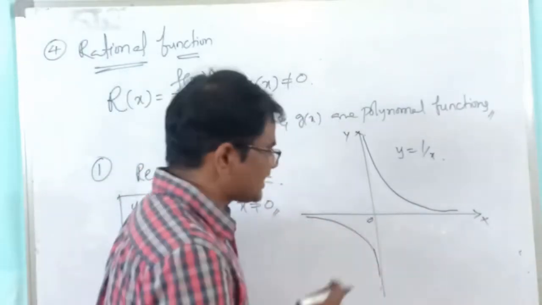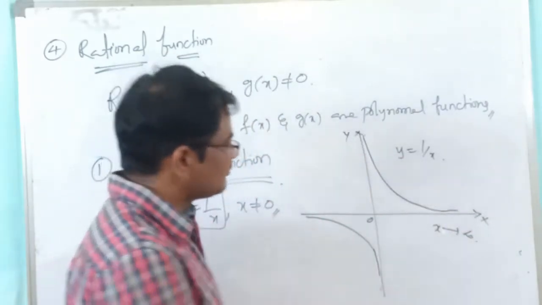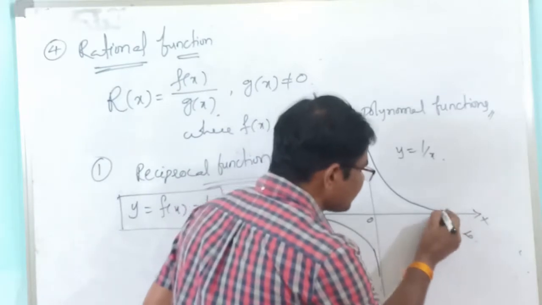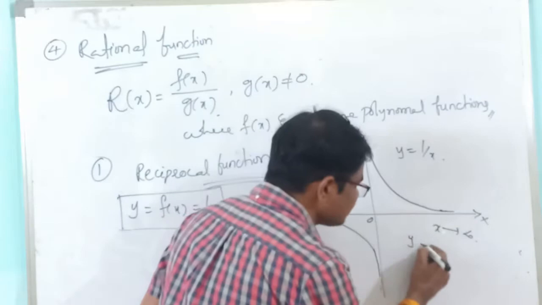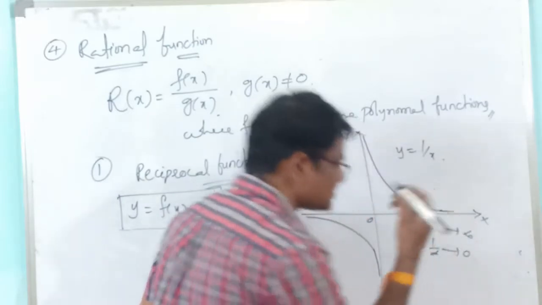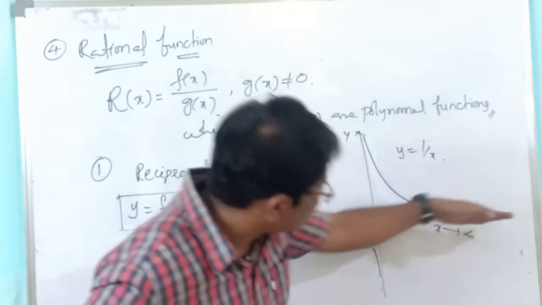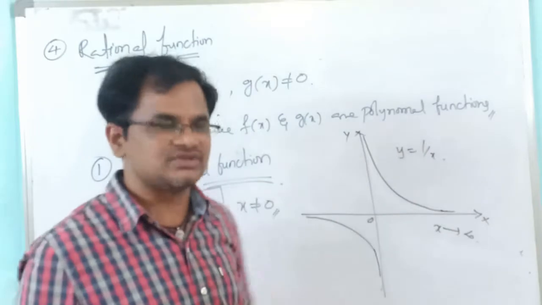Whenever x approaches infinity, this functional value, f of x, approaches 0, means nothing but 1 by infinity approaches what? 0 only. Means whenever x approaches infinity, this functional value approaches 0, but not equal to 0.